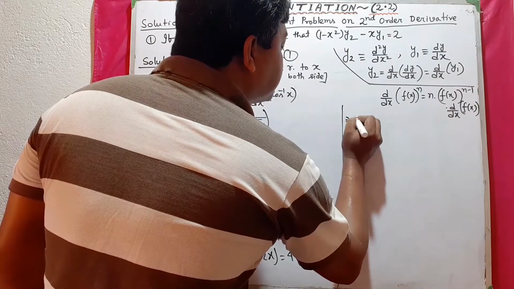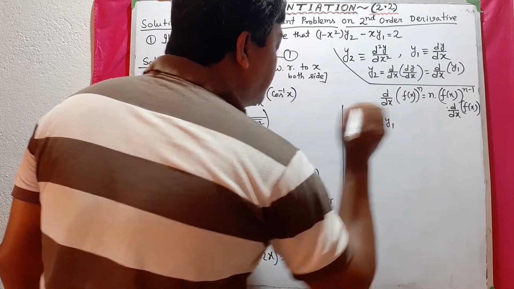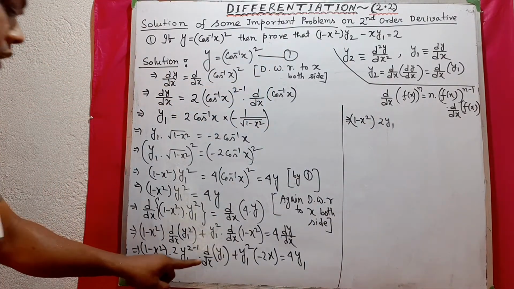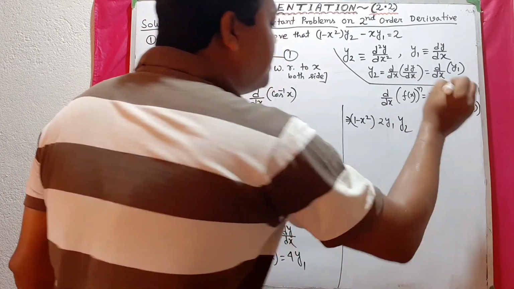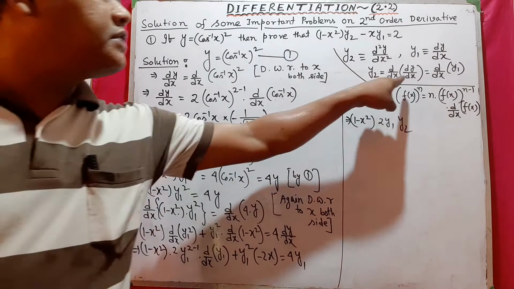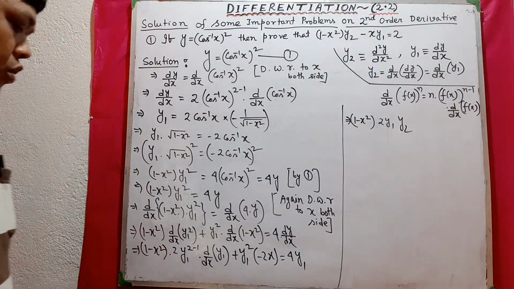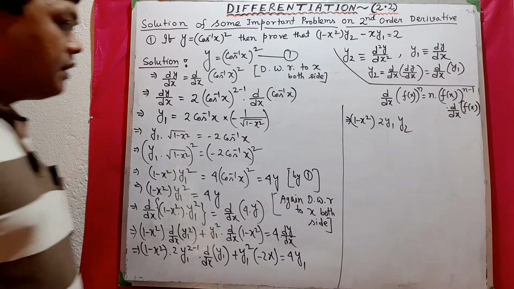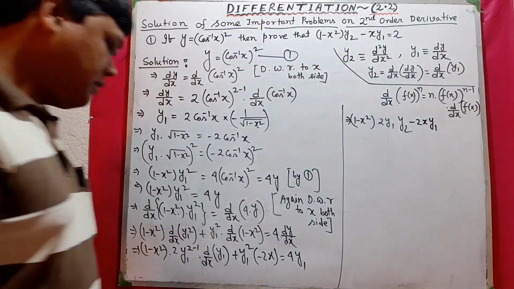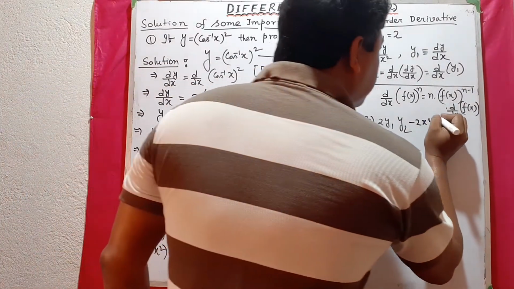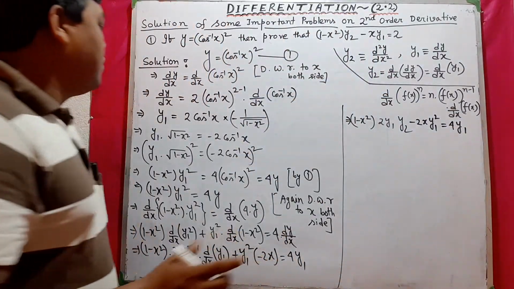So (1 minus x square) into 2y1 into d/dx of y1, that is y2 or d2y dx2, minus 2x into y1 square equals to 4y1.